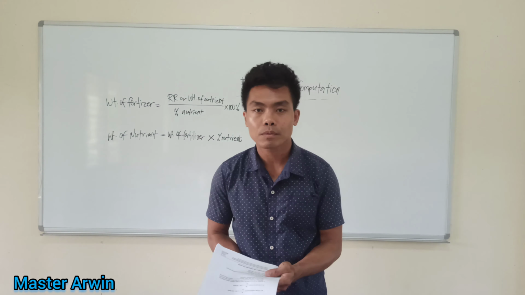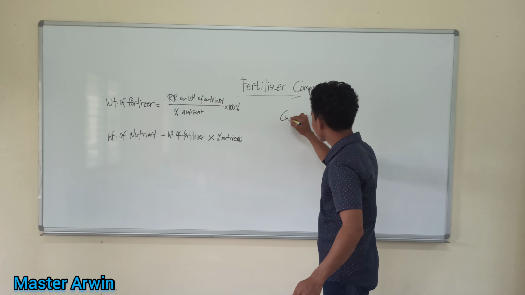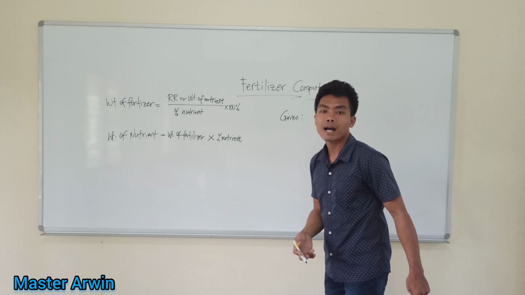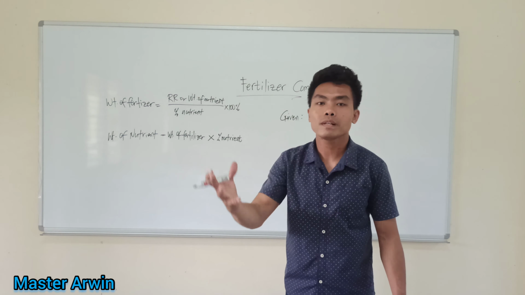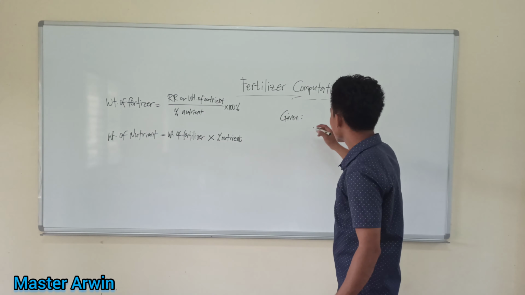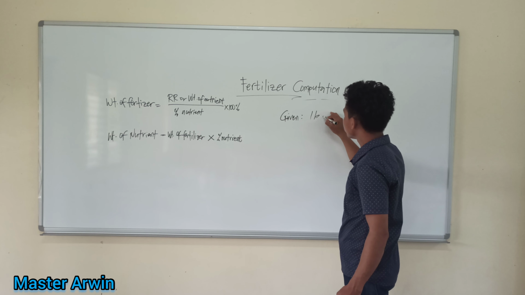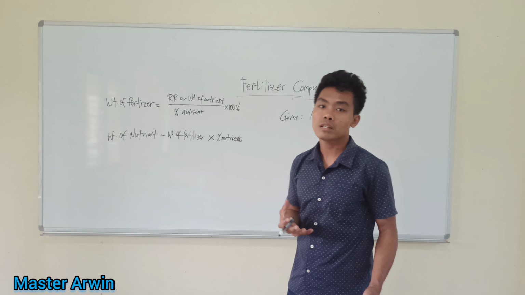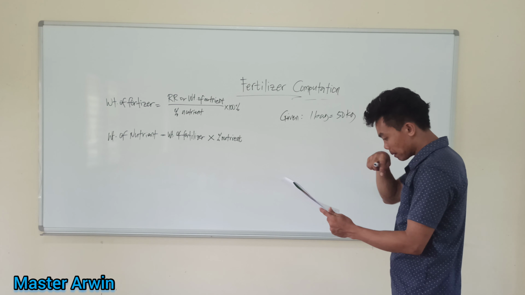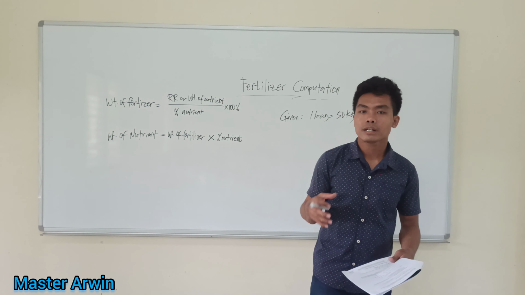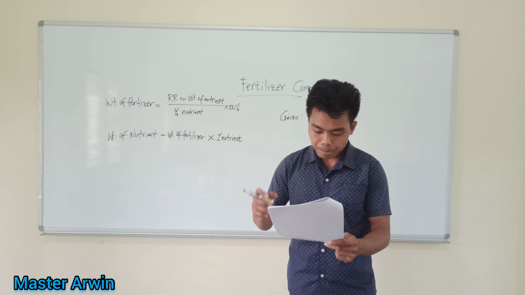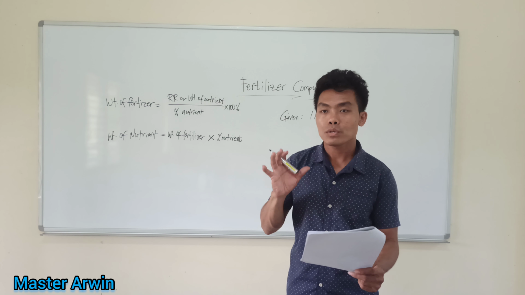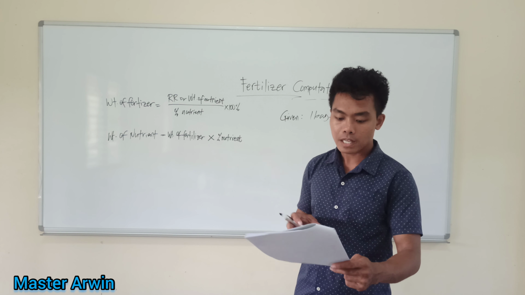So the given, guys, we have this given. Because the problem is talking about bags. Bags are equivalent to a sack. Okay? So, one bag is equivalent to 50 kilograms. Okay? That is their equivalent unit. And then, the question here is, how much nutrients had been applied using the following fertilizer materials?